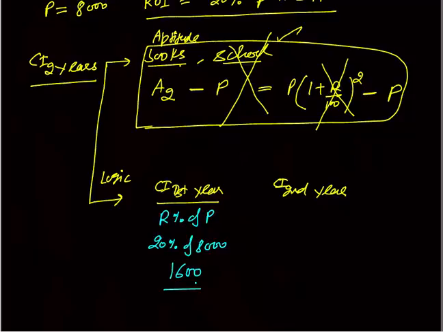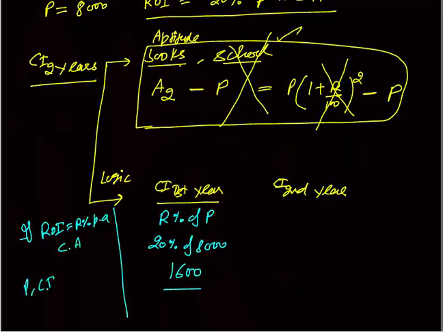Now, as I discussed previously, a very important concept: if rate of interest is R percent per annum compounding annually, your compound interest amount will increase by R percent every year.